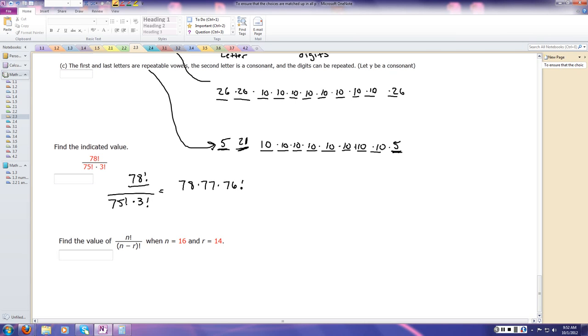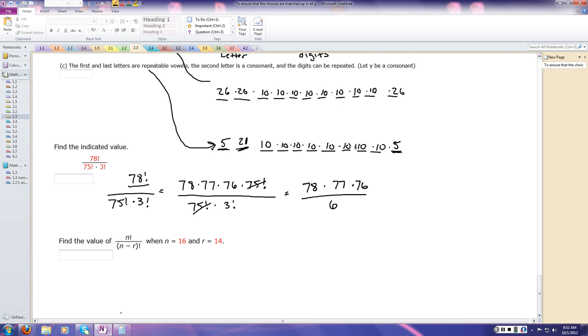Because I can cut it off at any time, since 76 factorial just goes all the way down to 1. Divided by 75 factorial over 3 factorial. So 75 factorial is going to cancel, and on top I have 78 times 77 times 76, and on bottom I have 3 factorial, which is 6.